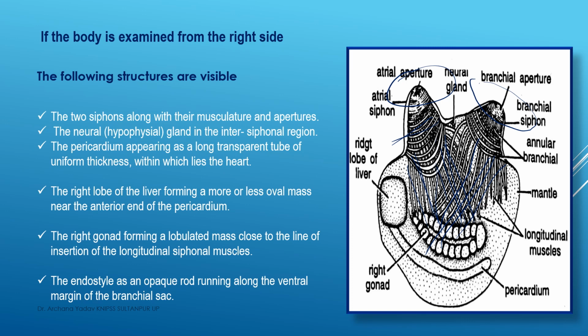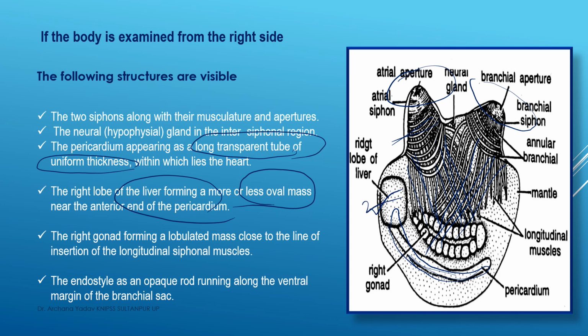Next is the pericardium. This one is the pericardium which appears as a long transparent tube, having a uniform thickness, and within which the heart is lying. The heart is present inside the pericardium. The right lobe of the liver forms a small oval mass near the anterior end of the pericardium, this one.